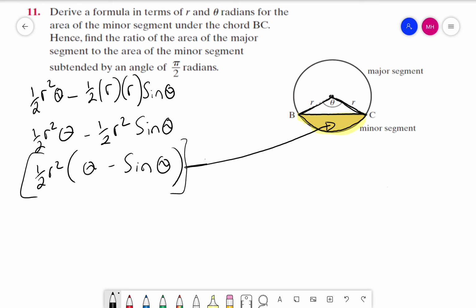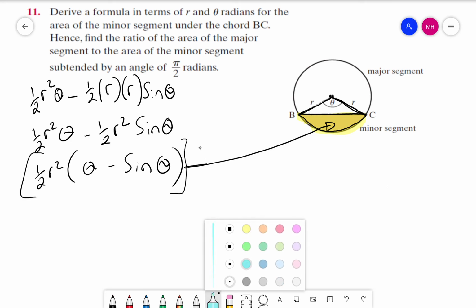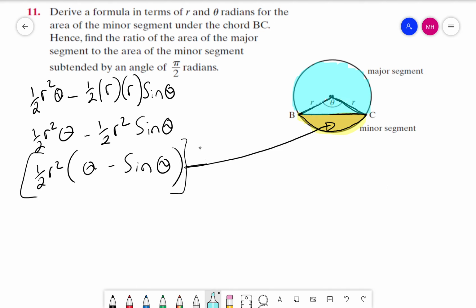Okay, so the next part of the question, it says, hence find the ratio of the area of the major segment. So major segment would be everything else. That would include this here. So we've got to find the ratio of the blue to the yellow.